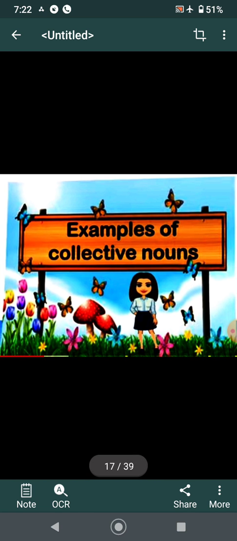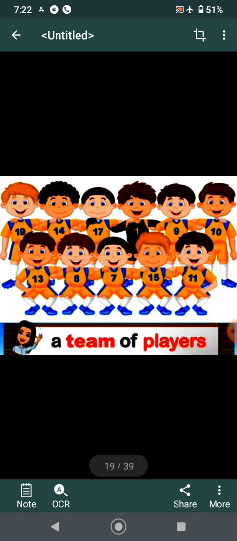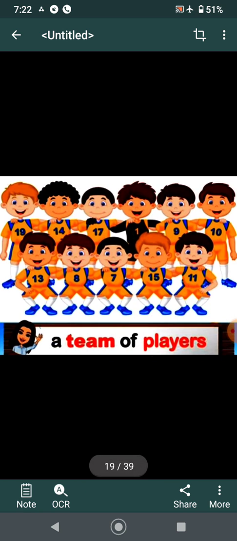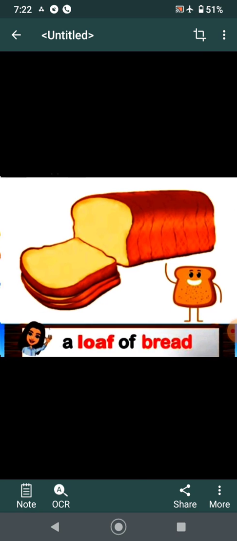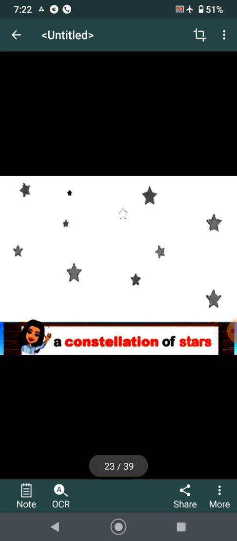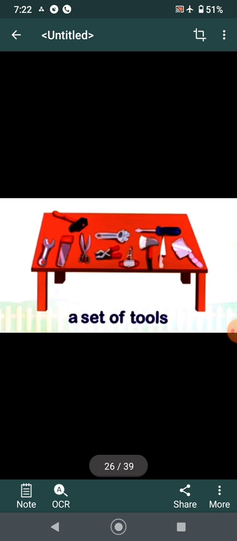So here are the examples to make you better understand. A class of students. So here many children are sitting together, so we call it a class of students. A team of players. Now class, team, all these mean group. Loaf of bread, whole bread together is known as loaf of bread. A deck of cards, a pack of dogs, a constellation of stars, a flock of birds, a troop of monkeys, a flight of butterflies, a small swarm of flies, a team of horses, a set of tools.